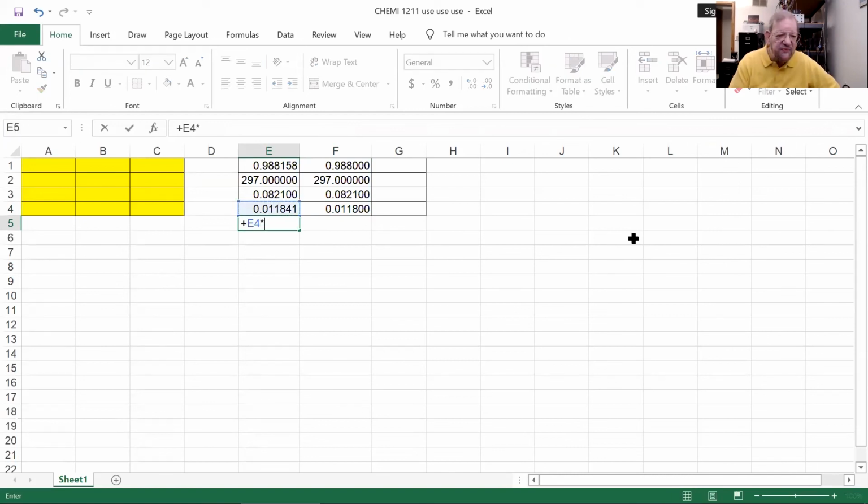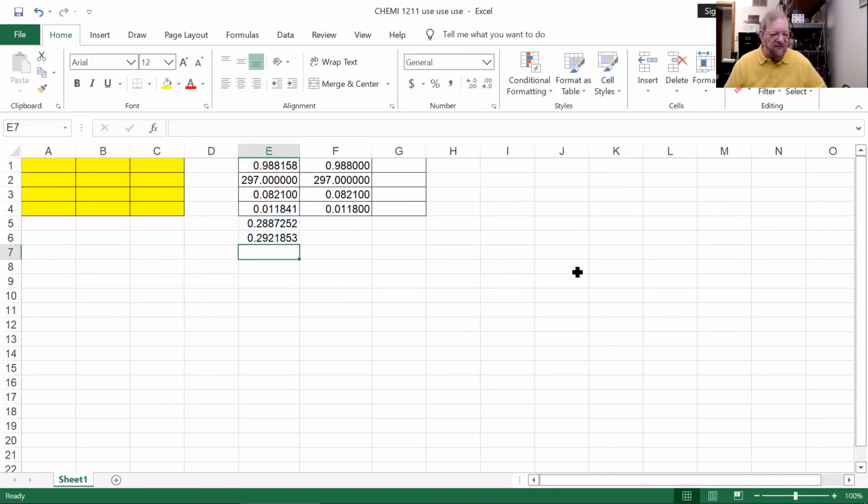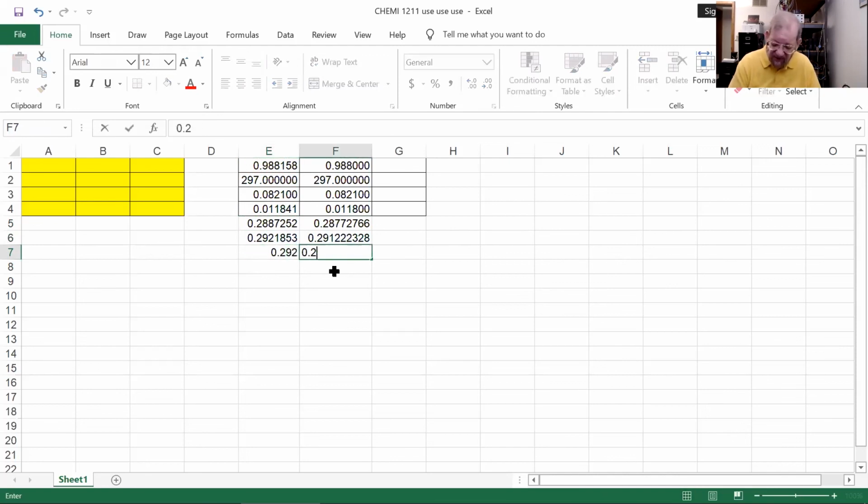Here I have my moles times R times my temperature. And I'm going to take this number and divide it by my pressure. Dr. White's done these before. And if I round this off to 3 significant figures, I get 0.292. If I do it this way, 0.291, and those are in liters.